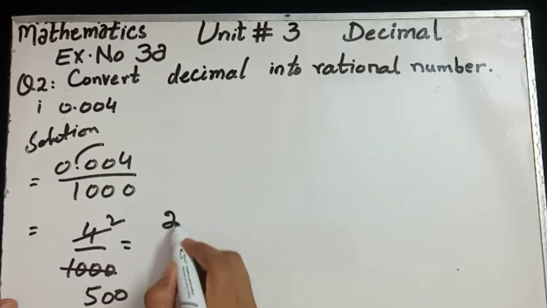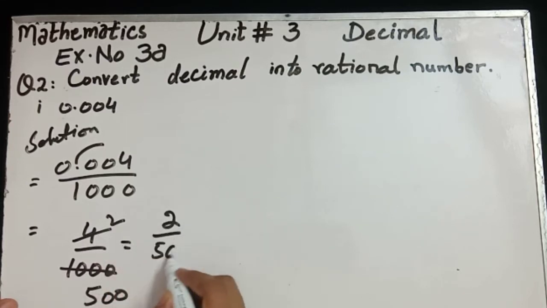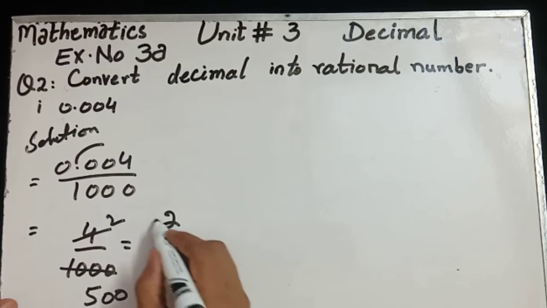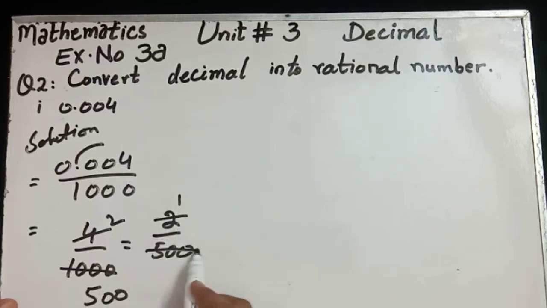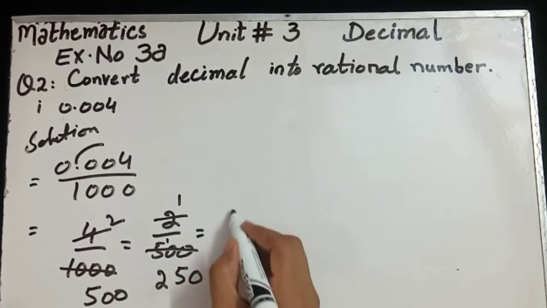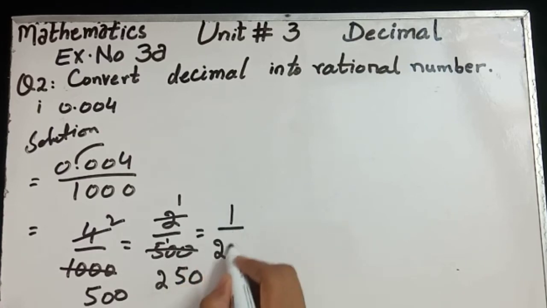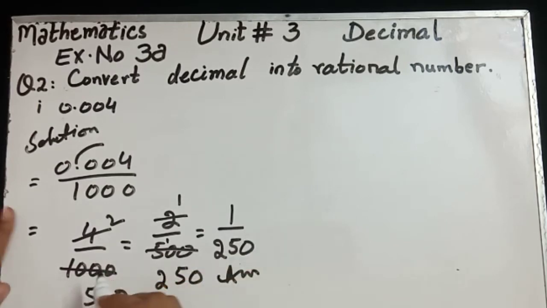Okay, 2 upon 500, further we reduce it. 2 1s are 2, 2 2s are 4, 1 is left. Next number becomes 10, 2 5s are 10, 0. Okay, so the answer is 1 upon 250, the answer of the first part.